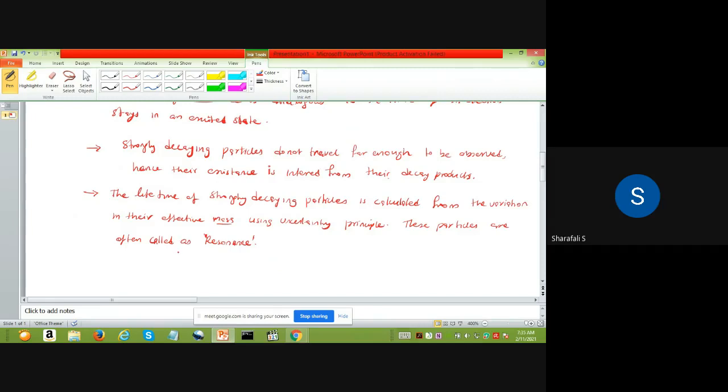They didn't treat them as particles initially. So the lifetime of these strongly decaying particles is calculated from the variation of their effective mass by using the uncertainty principle, delta E into delta T, with H cross considered for calculation. And then we get their mass. This is the way we can calculate their masses.